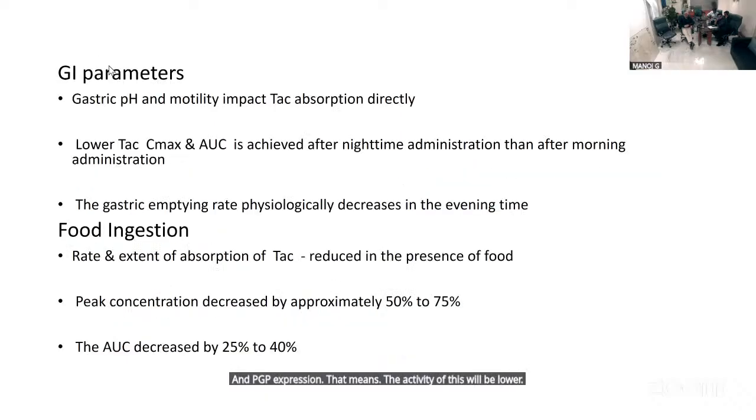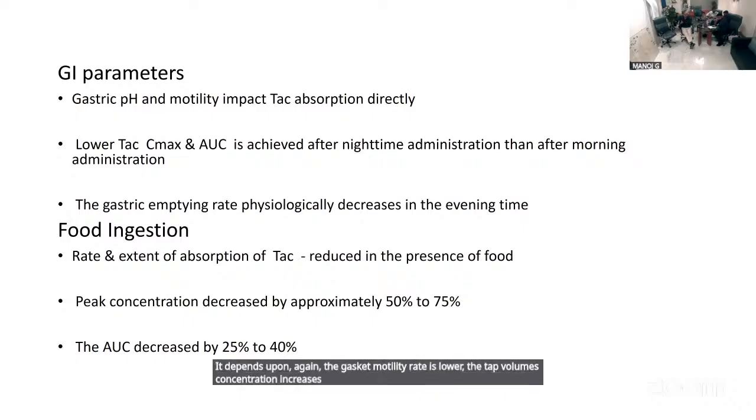Next, we have discussed the gastric pH. Now regarding motility, when the gastric motility rate is lower, the tacrolimus concentration increases in the distal intestine and the absorption increases.